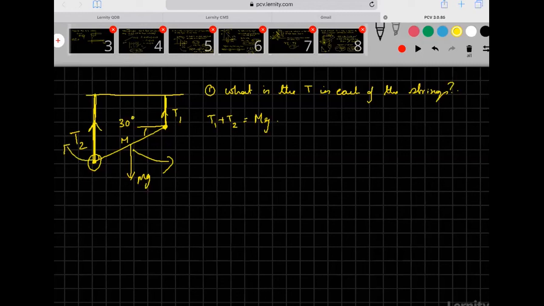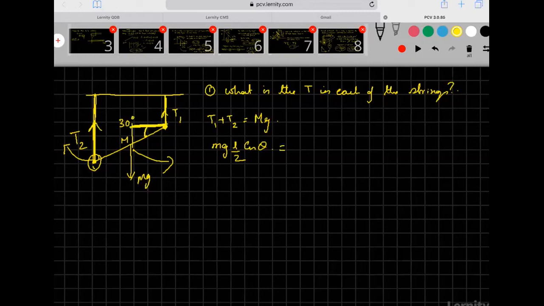So for mg, torque is force into perpendicular distance. That is going to be mg into L by 2 into cos theta, if this angle is theta. Then this must be equal to T2's torque.